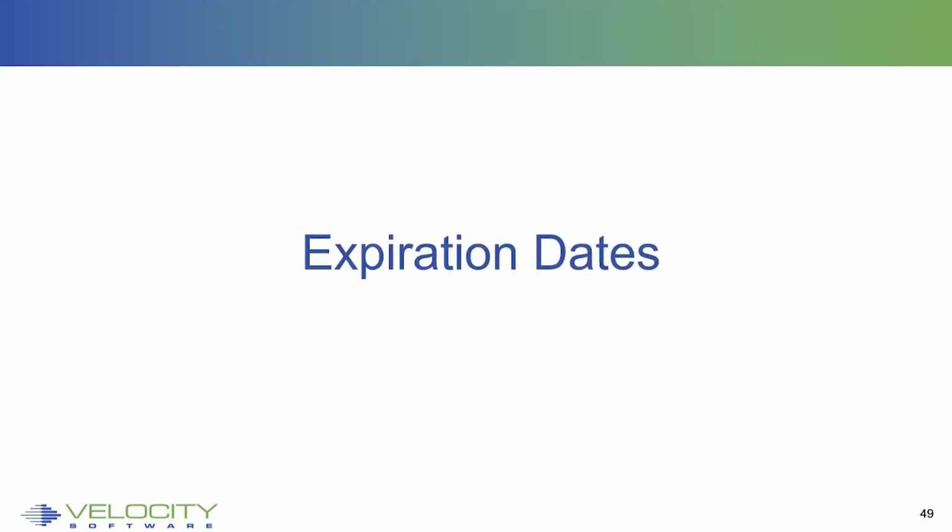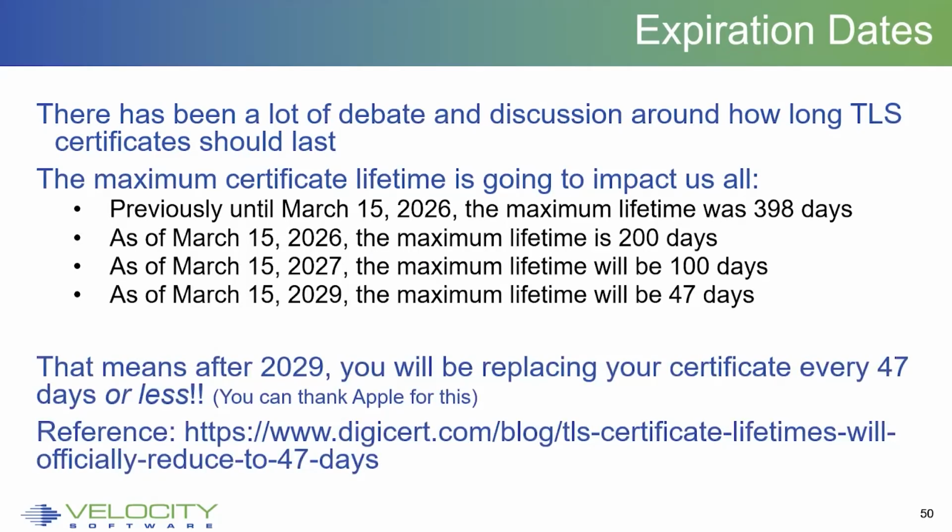Now, a little bit more on expiration dates. There has been a lot of discussion around expiration dates of certificates, and it's been going on now for a few years. So the maximum certificate lifespan is going to impact everybody.